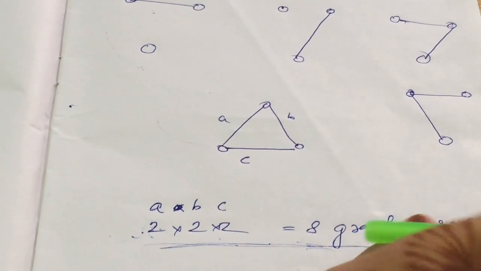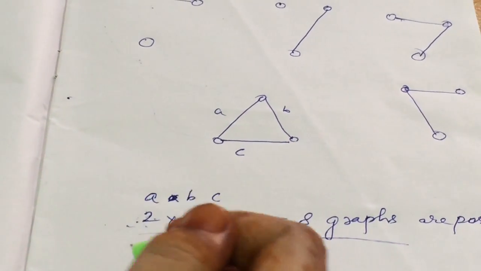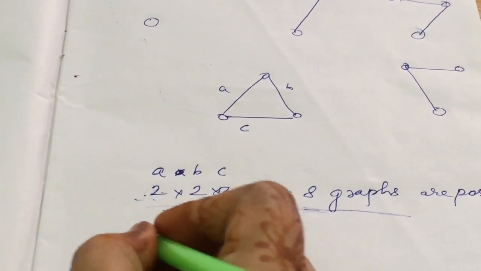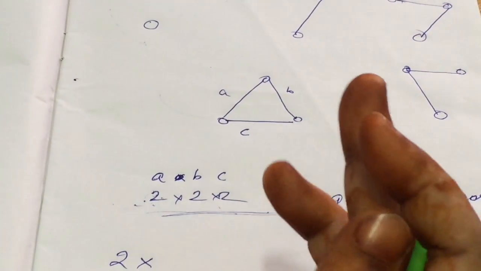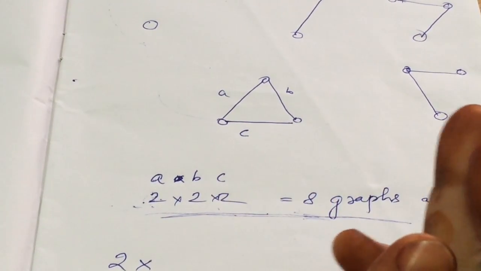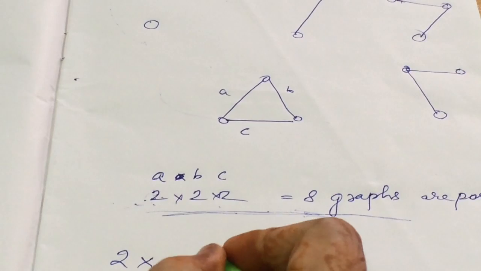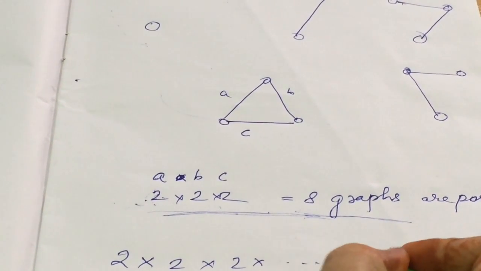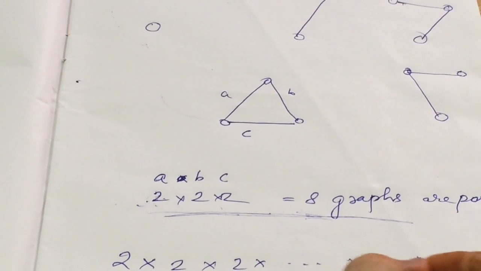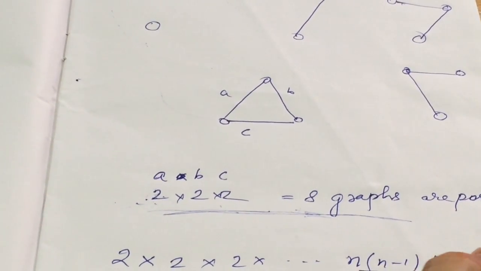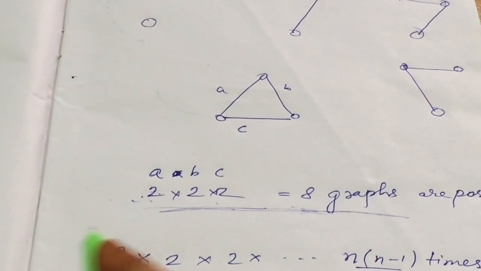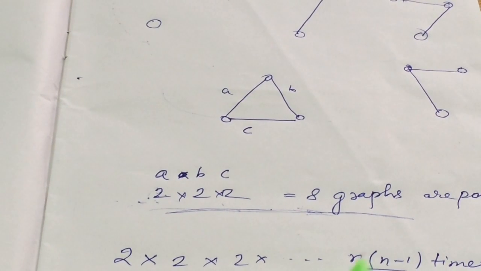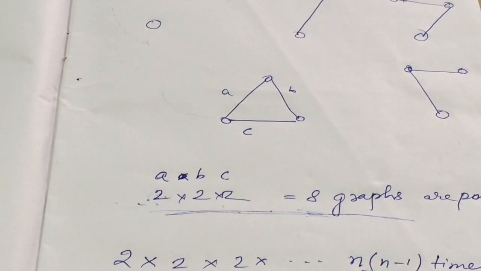So what I mean to say is, suppose there are n into n minus 1 by 2 edges, then 2 into 2 into 2, till n into n minus 1 by 2 times. How many times will it be? It will be n into n minus 1 by 2 times.